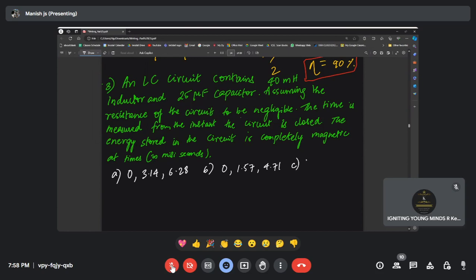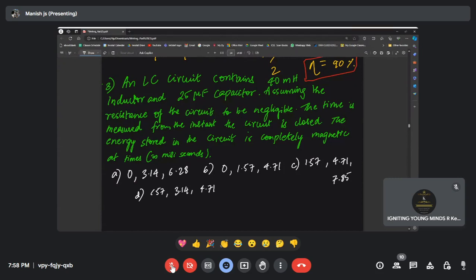Option C: 1.57, 4.71, 7.85. And option D: 1.57, 3.14, 4.71.